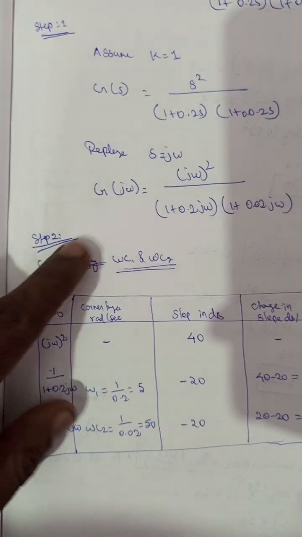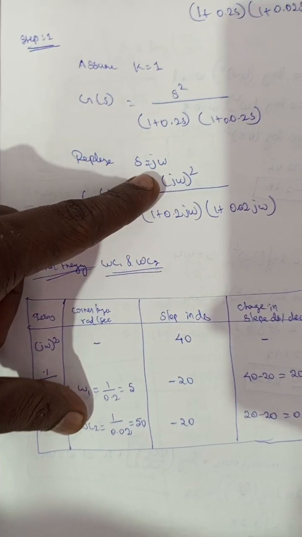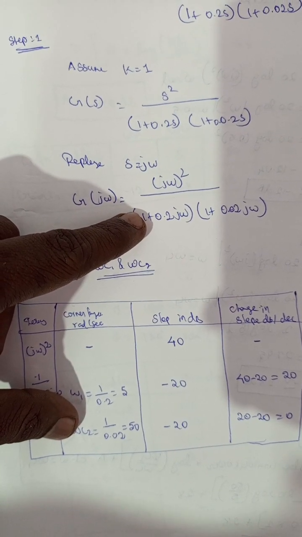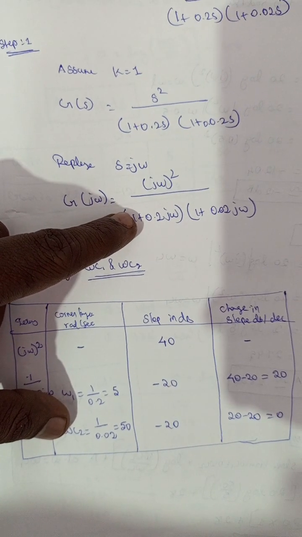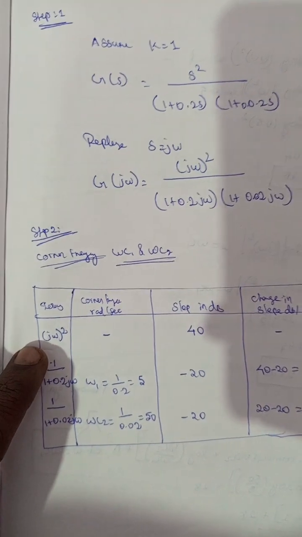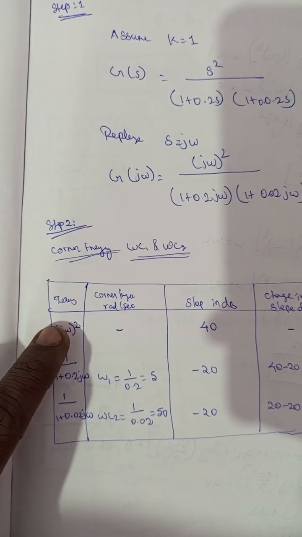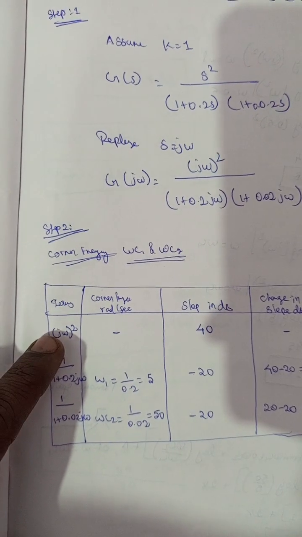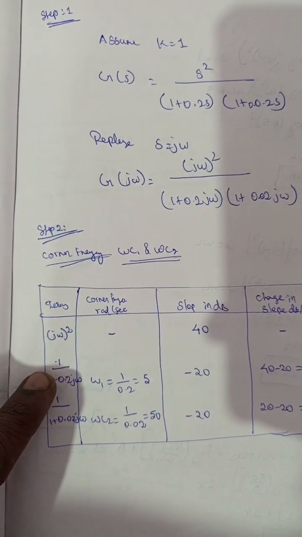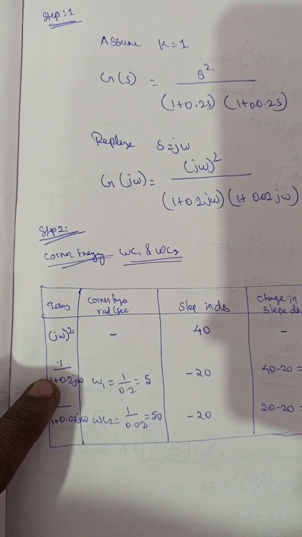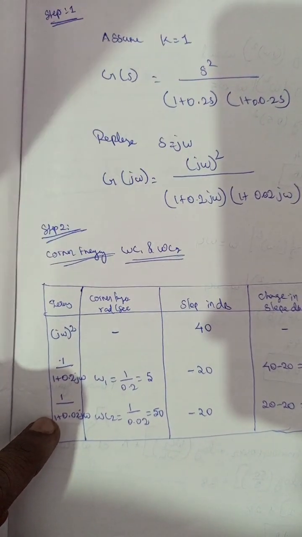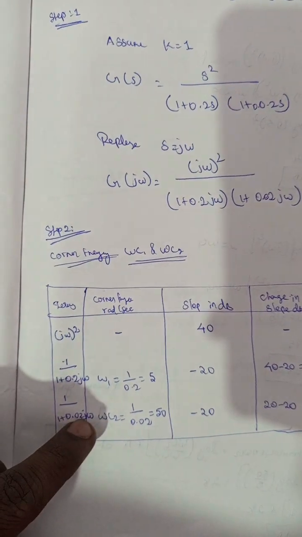The first term is (jω)², the second is 1 by (1 + 0.2jω), and the third is 1 divided by (1 + 0.02jω).